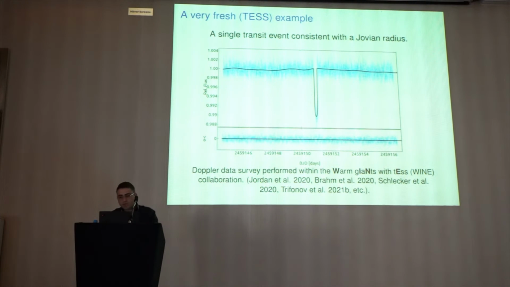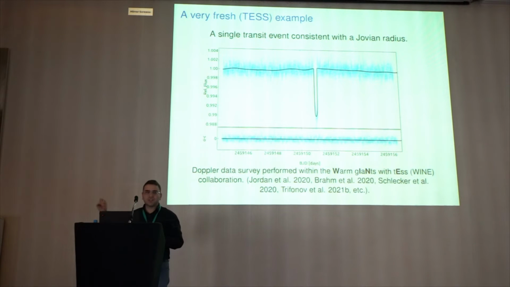Okay. So this was a single transit system. I think it was TESS sector 31 or something like this. And I'm part of one group called the WINE survey. It's basically warm giants from TESS. And this is a joint collaboration between a number of German scientists and also a number of Chilean scientists.